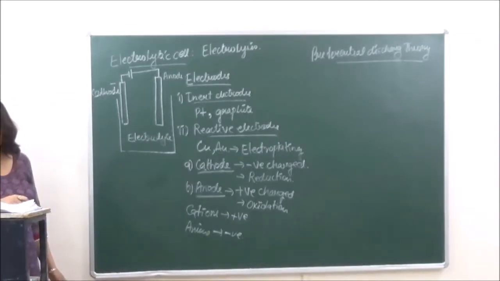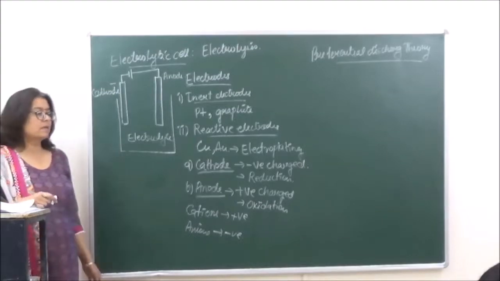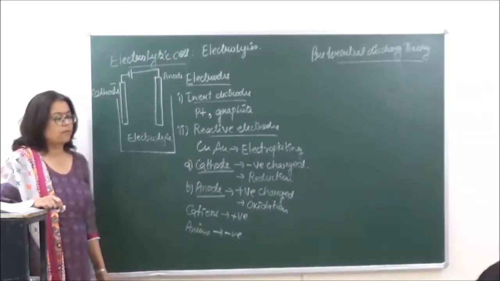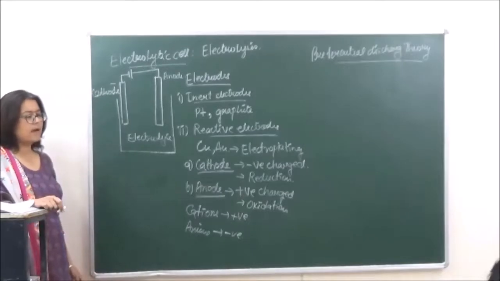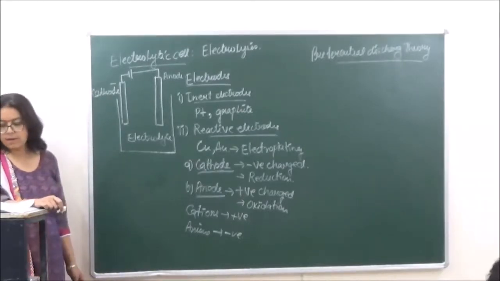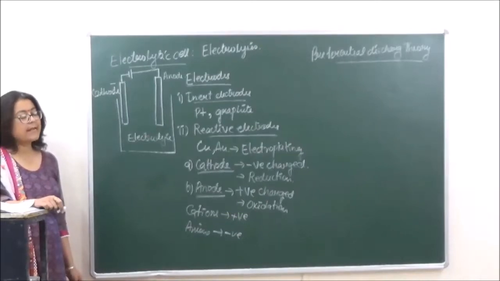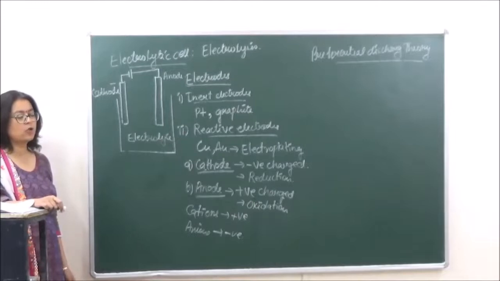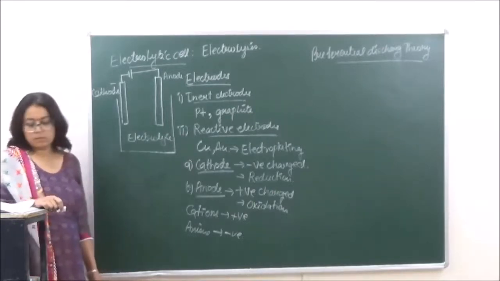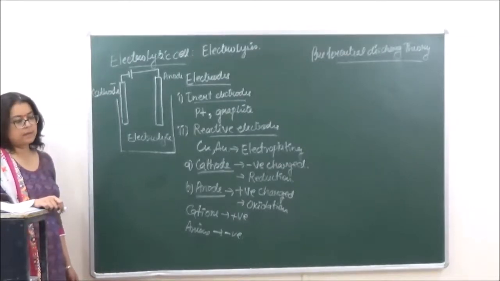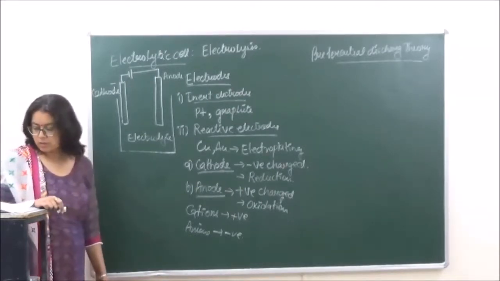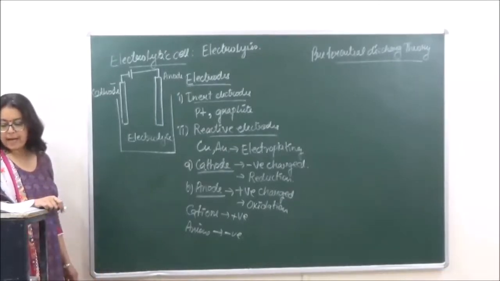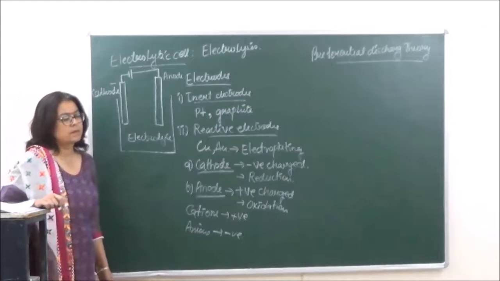You can write down. According to this theory, if more than one type of ions are present and are attracted towards a particular electrode, then the one discharged is the ion which requires least energy.